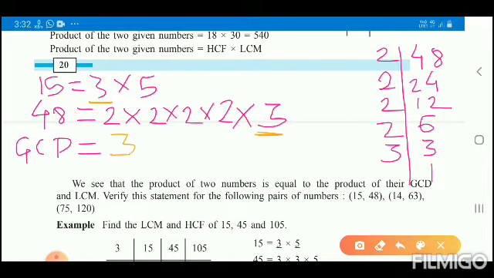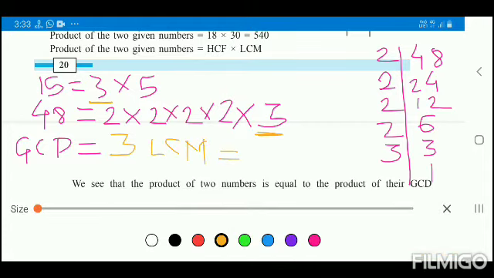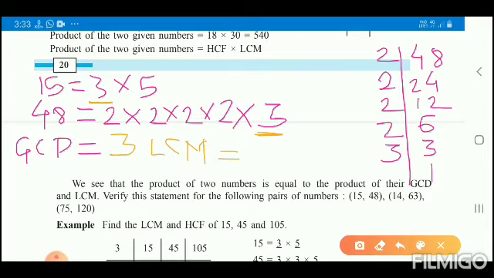Okay. Now here, while finding LCM, what are we doing? Here we are taking the numbers which occur the maximum number of times. So here 2 occurs 4 times. So we have to take 2 how many times? 4 times. Then 3 occurs how many times? 3 is there maximum 1 time, and 5 also maximum 1 time.